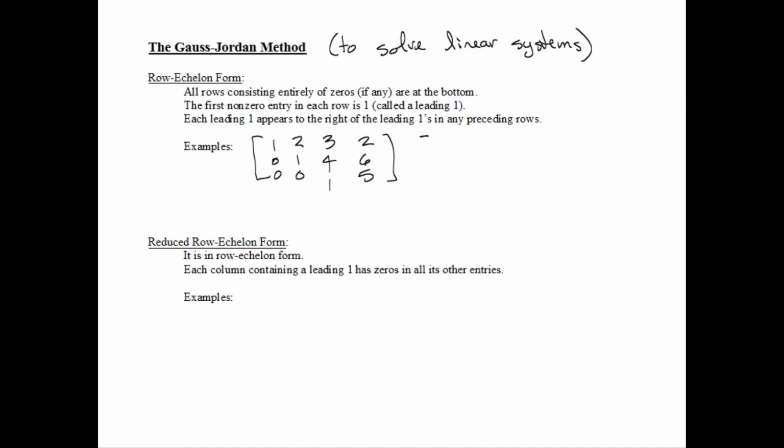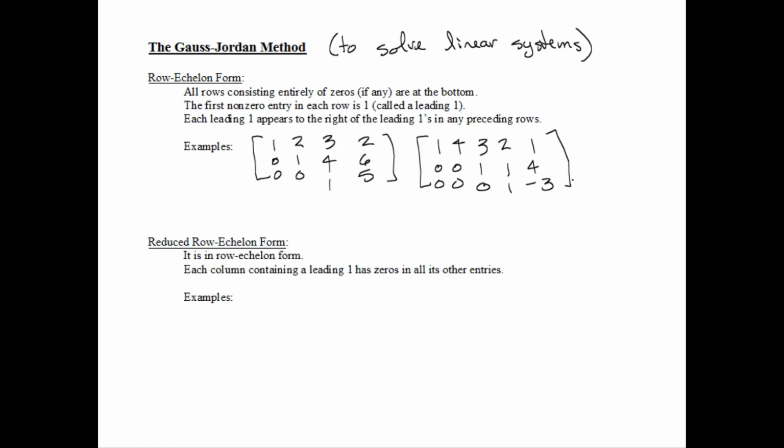Here's another example. And hang on, let me fix this a little bit. That's better.